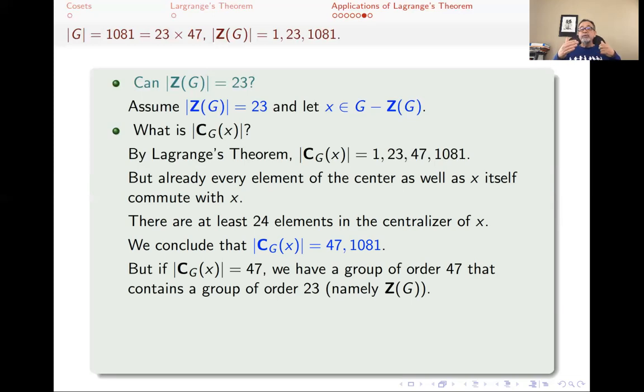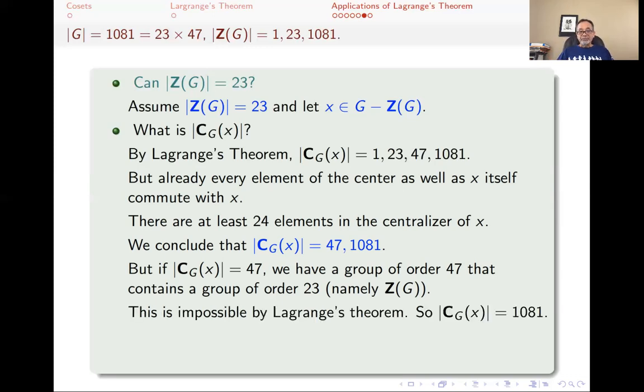And the center of the group supposedly had 23 elements. So the centralizer would then have a subgroup of order 23. But a group of order 47 cannot have a subgroup of order 23 by Lagrange's theorem. Therefore, this is impossible, and therefore the size of the centralizer will have to be 1081.